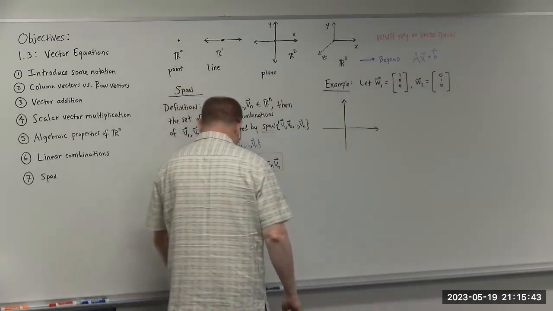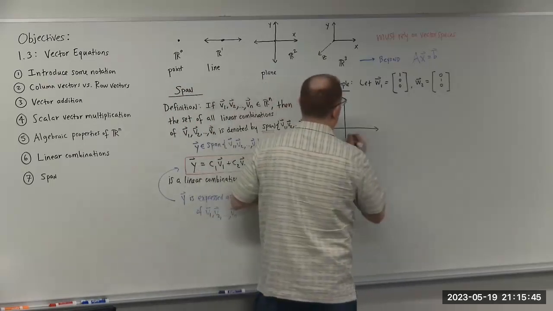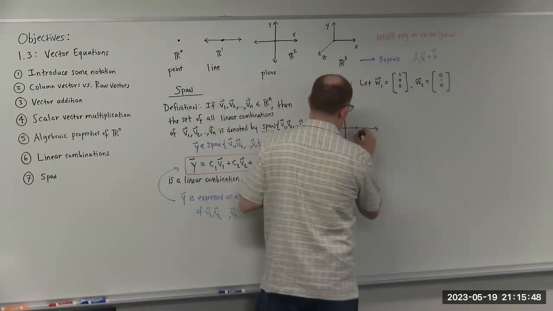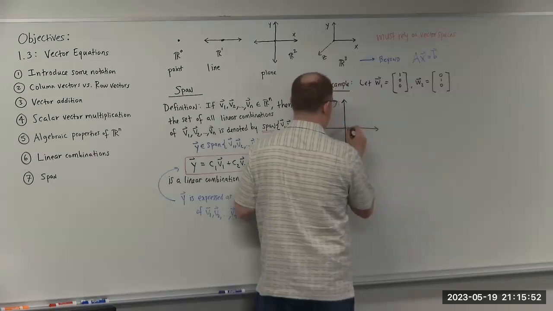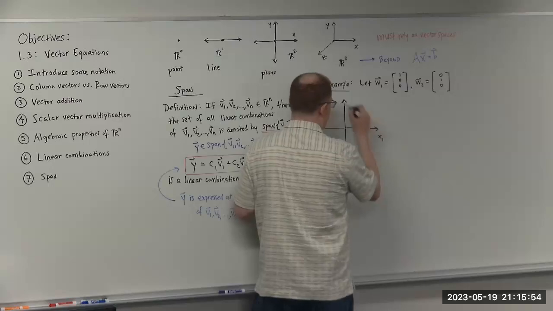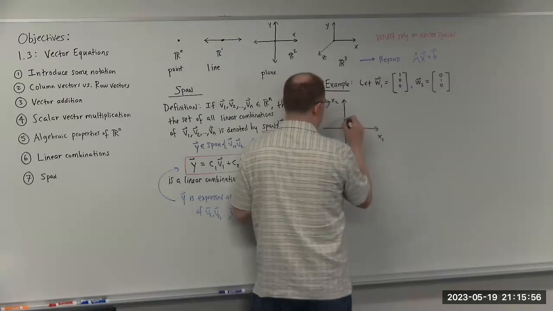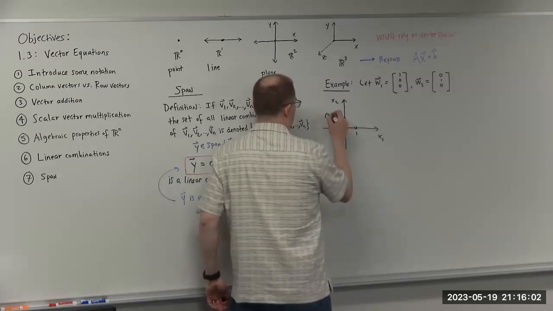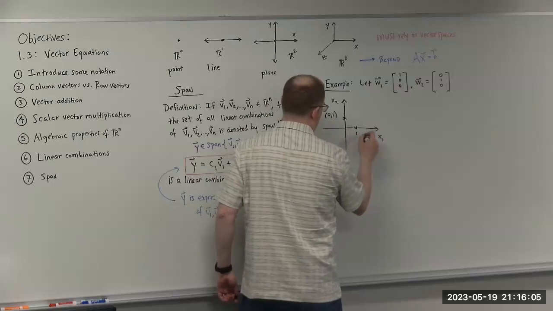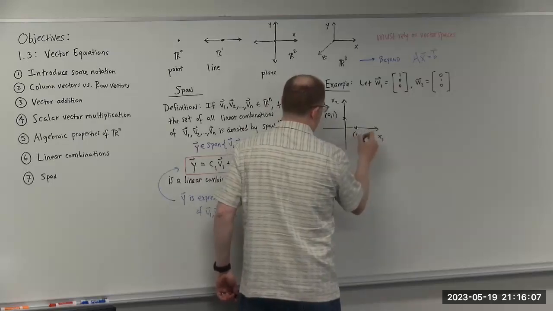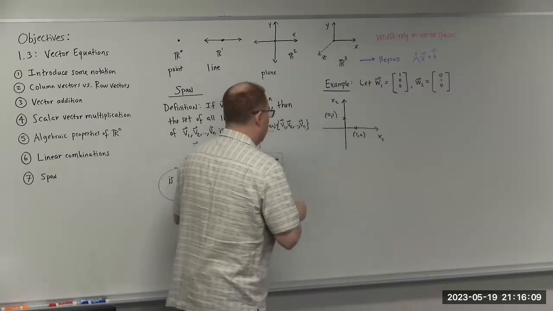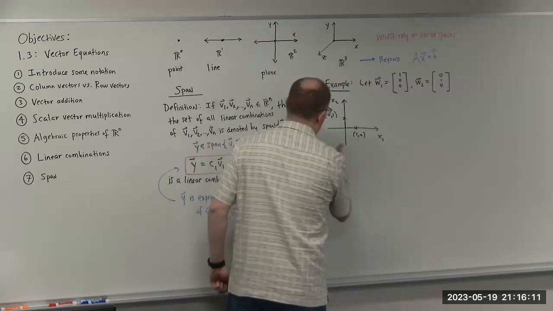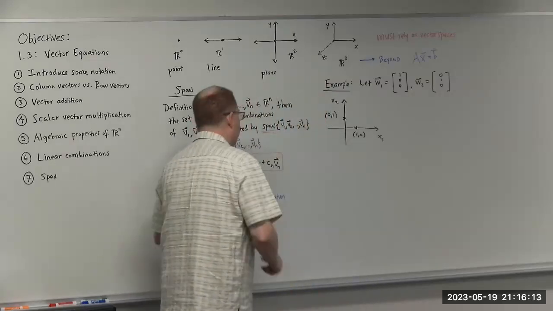So I'm going to say that's 1, assuming that this is x1 and x2, and then this is 1 up here. So we have W1 and W2.